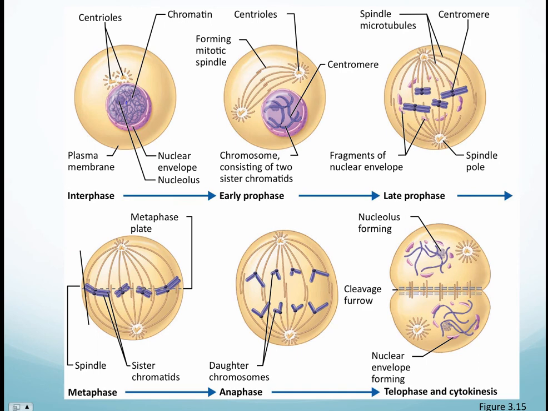And so during this prophase, what happens? So really early, late prophase, a couple of things happen. Number 1, the nuclear envelope breaks down. Number 2, if you look at your DNA, it condenses to form chromosomes from chromatin.